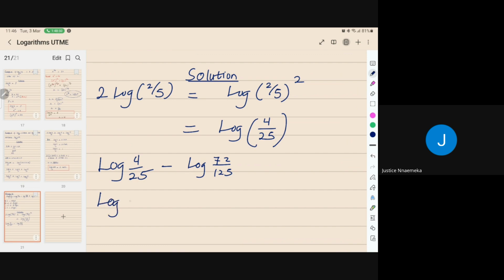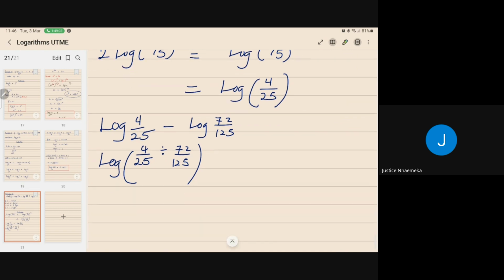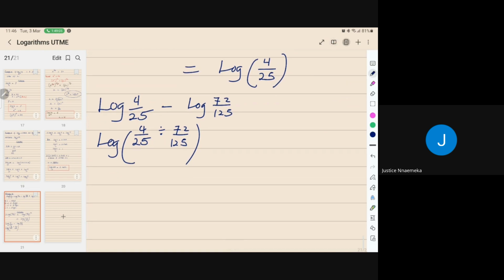That will be log of 4 over 25 divided by 72 over 125. When you are dividing, you should invert the second fraction and multiply. So this will give us log of 4 over 25 times 125 all over 72.